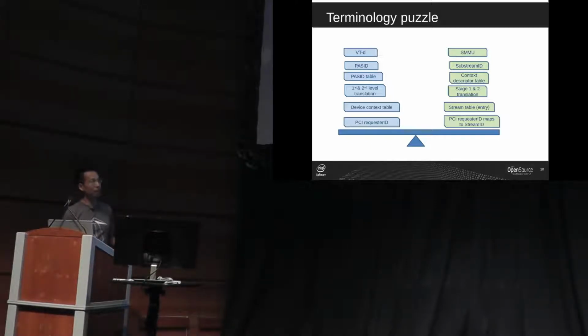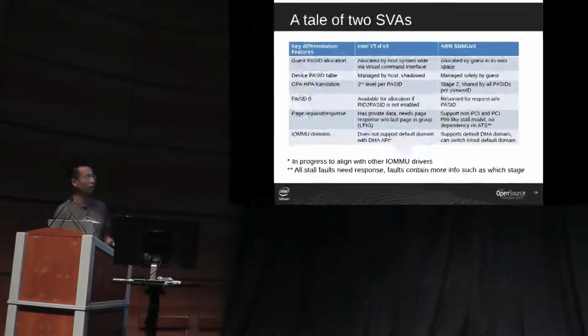The PASID table, of course, contains all the PASIDs, but on the SMMU it is called a context descriptor table. Stage 1 is level 1, stage 2 is level 2, and this can go on. We can go through it later, but sometimes it gets even worse when you try to be nice to each other and use the other side's terminology. But that should all settle down after time.